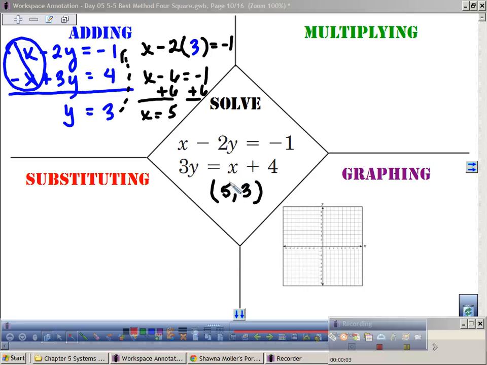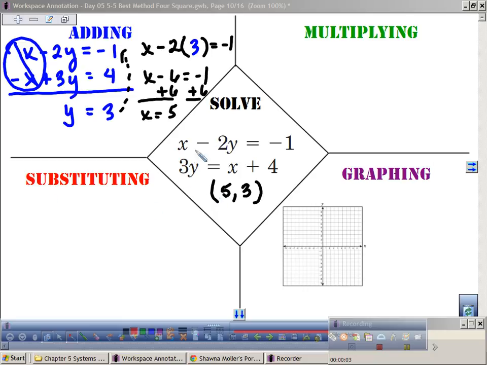Well, you could do the same thing at the top. You could add 2y, perfect, Andrew said it perfectly. You could add 2y, and so it would come over here, and it would be x equals. Or you could subtract 4, and then you could have the 4 over here, and it would be x equals. Which one do you want to do?